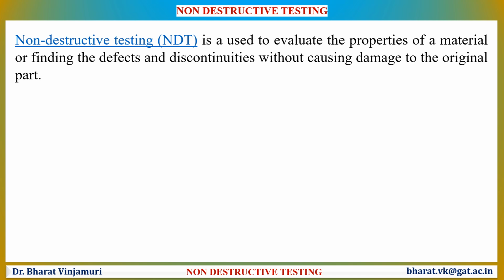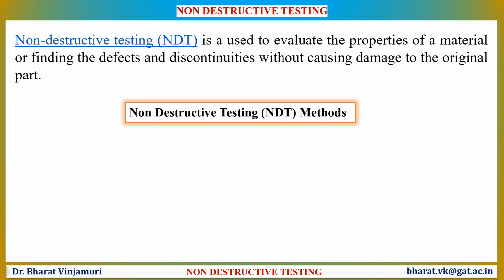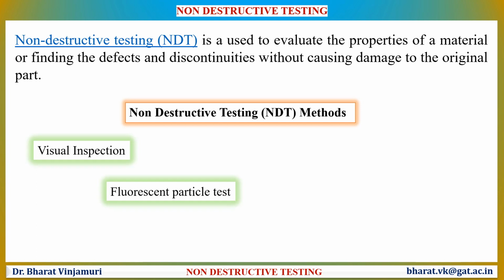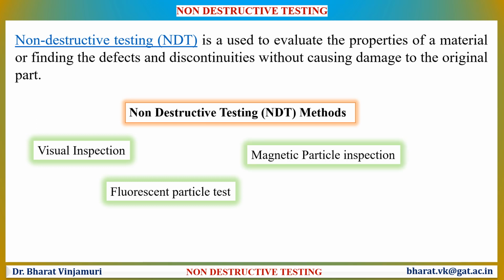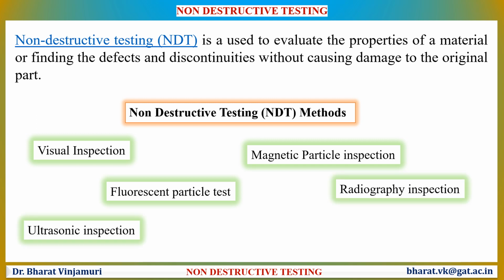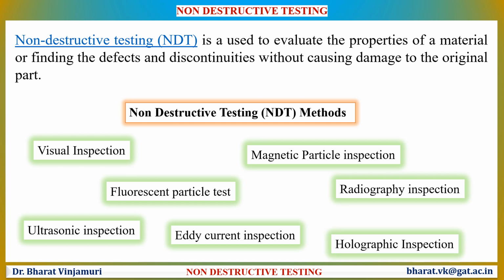There are different types of non-destructive testing methods: visual inspection, fluorescent particle test, popularly known as liquid penetrant test, magnetic particle inspection, ultrasonic inspection, radiography, eddy current inspection, as well as holographic inspection. We'll be looking into these various methods in detail.